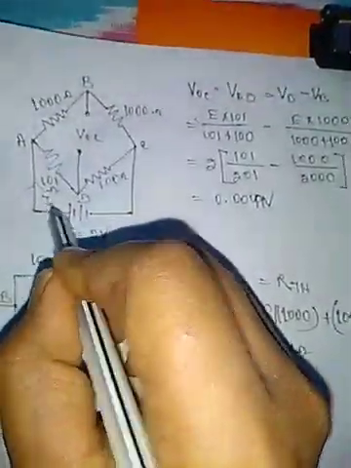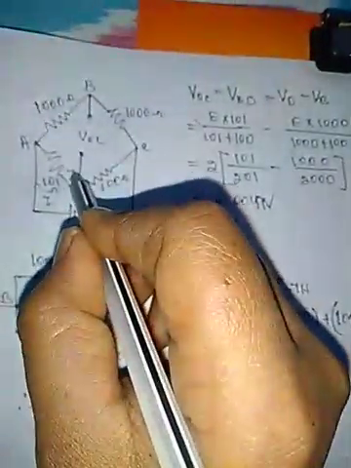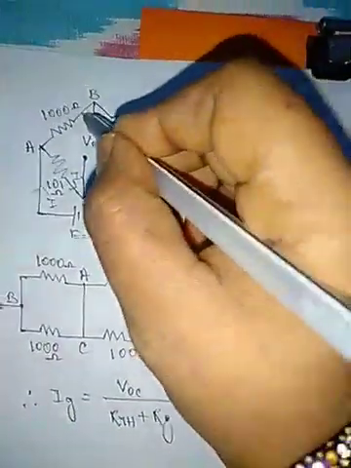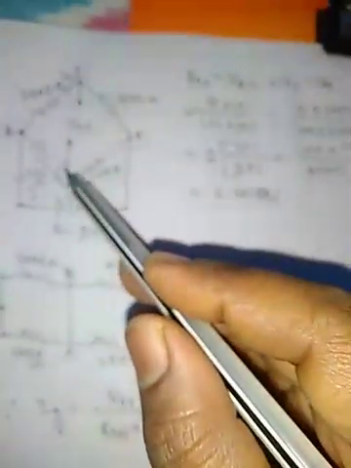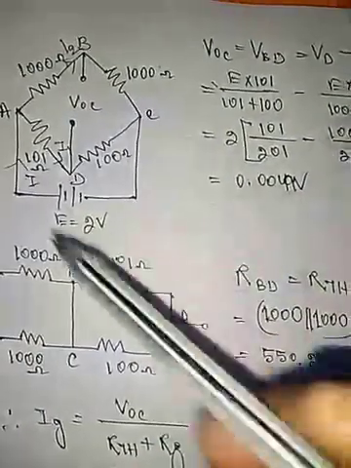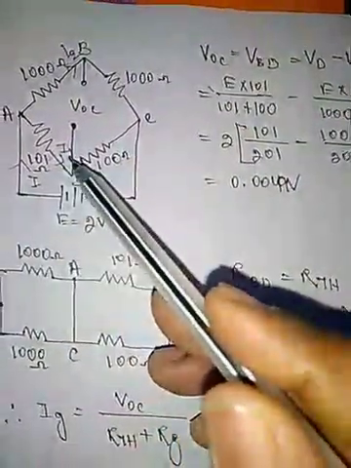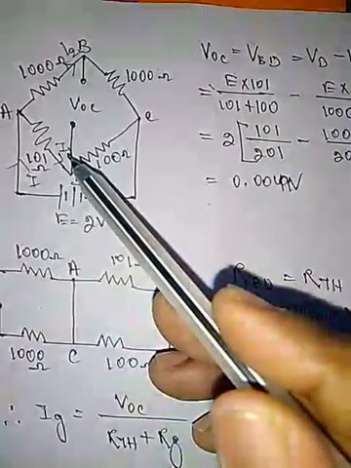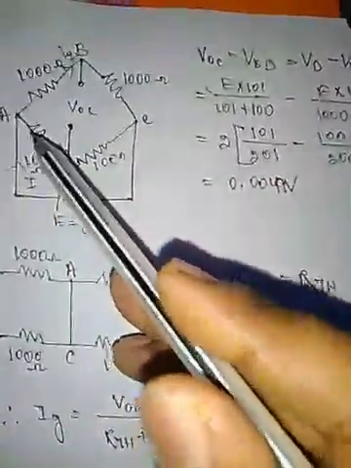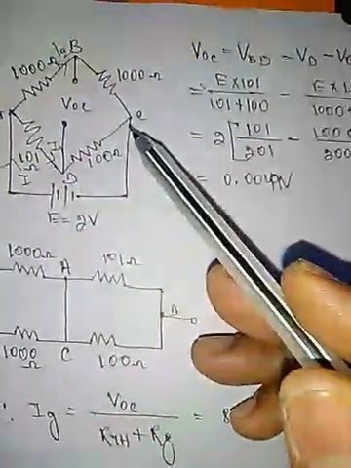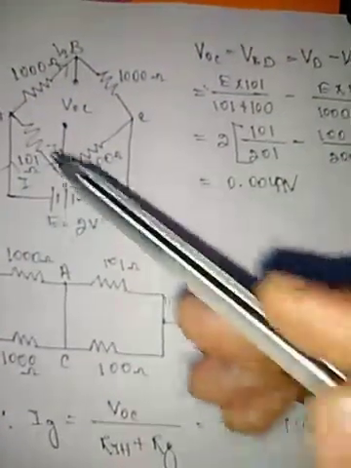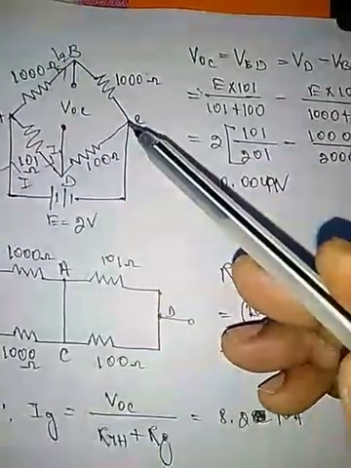Let the total current be I. Here the current flowing through is I1, and here the current flowing through is I2. So I1 into 101. What is I1? As this path is open, 101 is in series with 100 ohm, and this 1000 ohm is in series with this 1000 ohm.